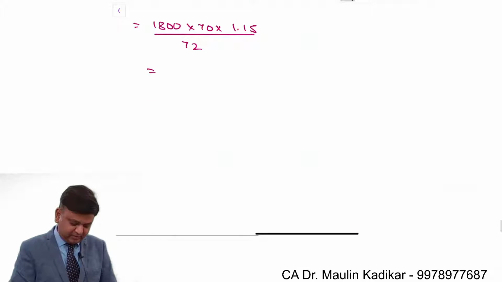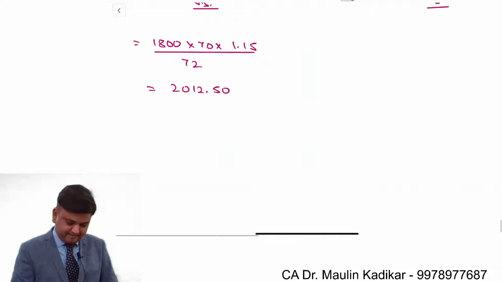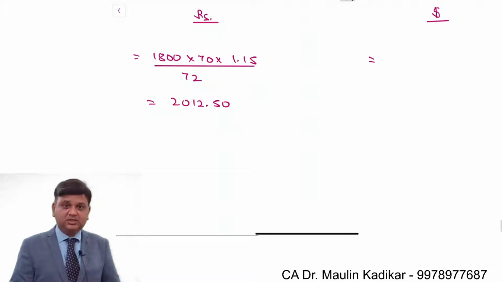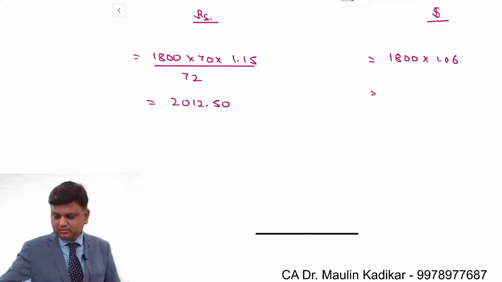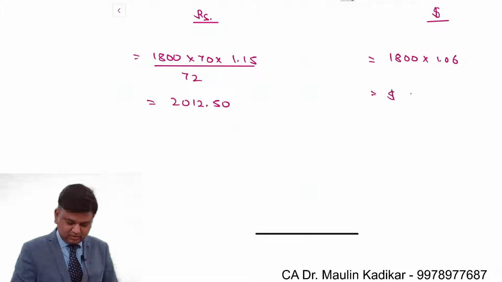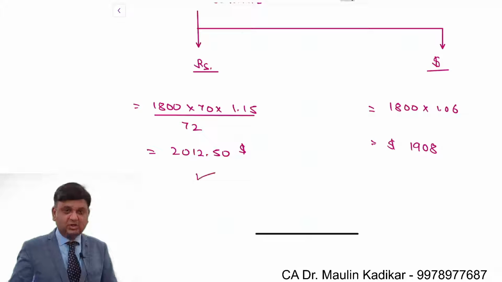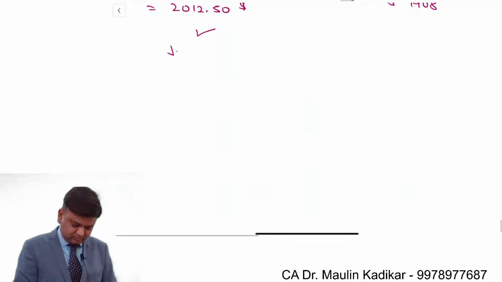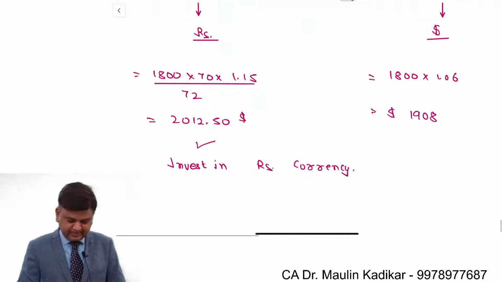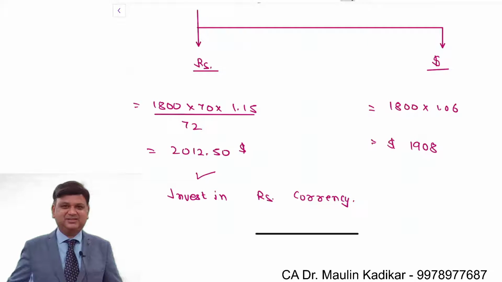So 2012.5. And if at all you invest in dollar currency, then in that case it is 1800 into 1.06, $1908. So you should invest in rupee currency. This is the way we are required to write the answer.